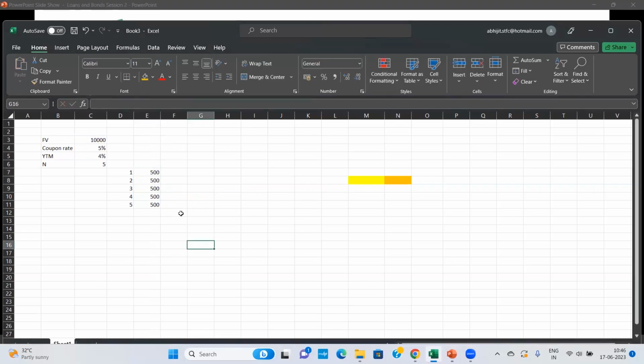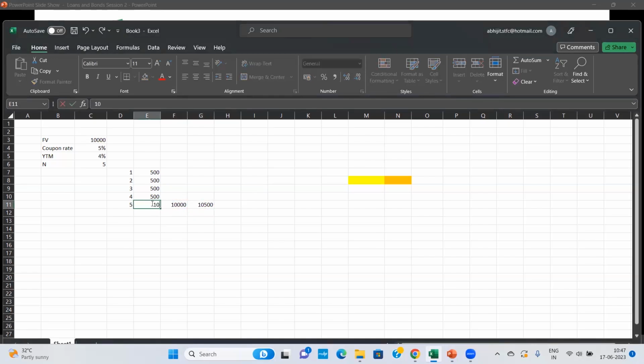But at the 5th year, what is happening is this also is my terminal value that I'm getting, right? So my total cash flow for the 5th year is 10,500. Now I have to discount it, right?